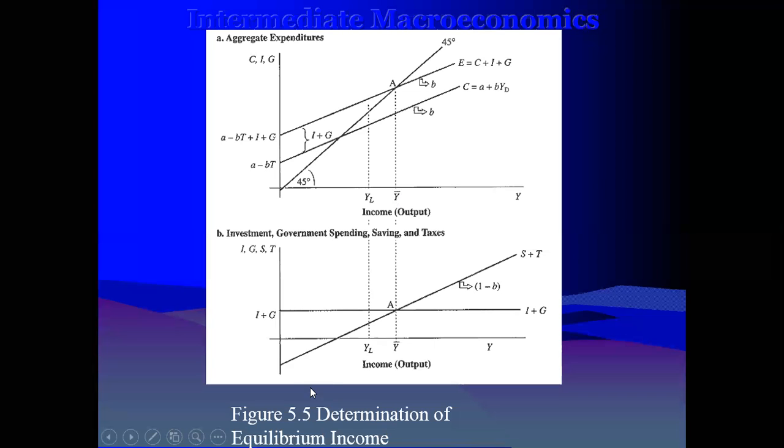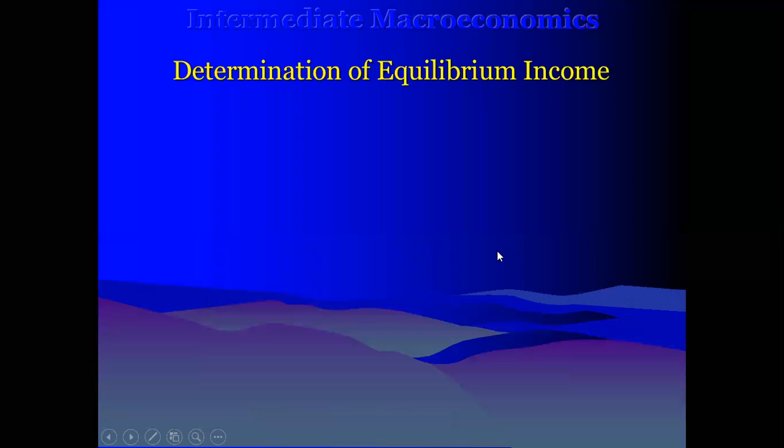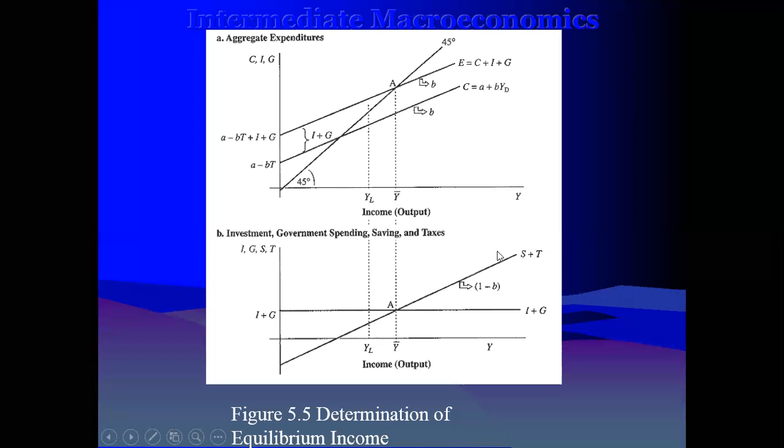If we want to use the leakages and the injections approach, then this curve is our leakage curve, when we add the savings and the tax. And the injection curve, the sum of investment and government expenditure, will be horizontal. It doesn't depend on income.